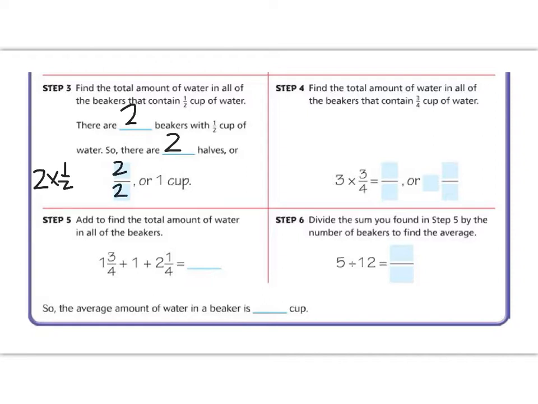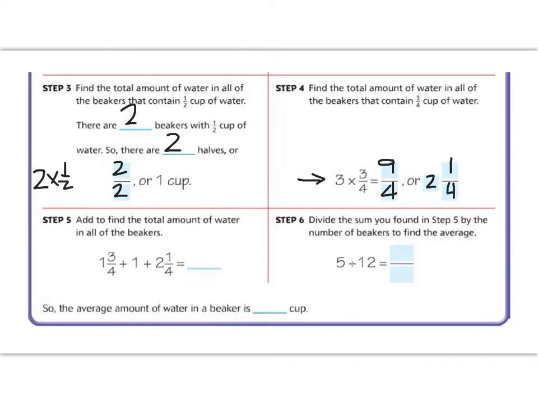Step 4 says find the total number of water in all the beakers that contain 3/4. We had 3 of them, so like I showed you, that's 3 times 3/4, and remember we multiply straight across the top, so 3 times 3 is 9/4, and 4 goes into 9 2 times, which is 8, with 1/4 left over.